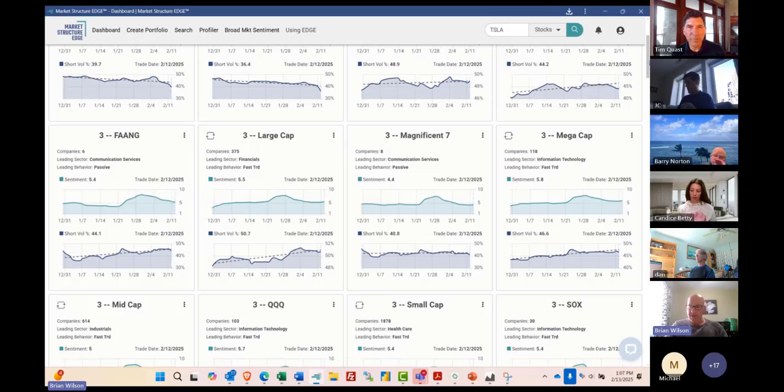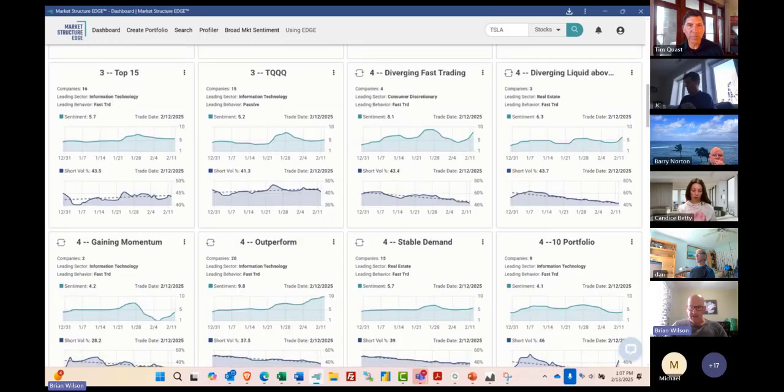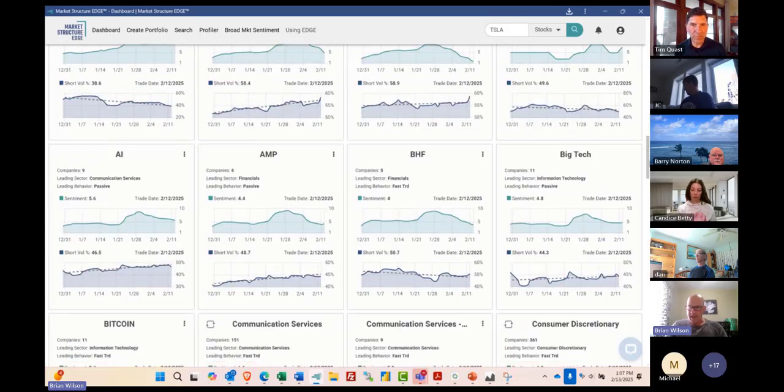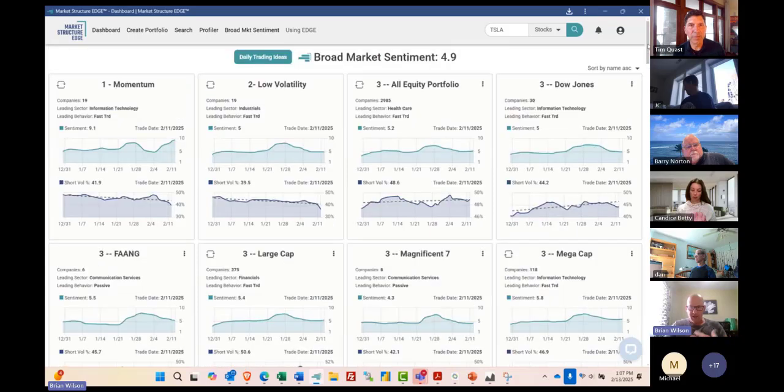And big tech, although it's not as good as mega caps, it's not bad. It's roughly right around neutral right now. It has stopped moving lower. Short volume moving just a little bit below trend. I add those things up. I think we have some upside here on a short-term basis.